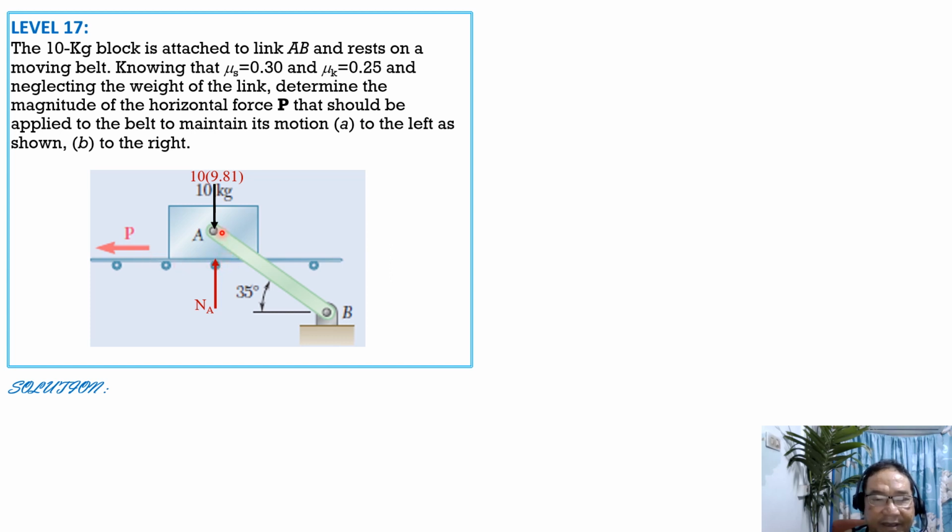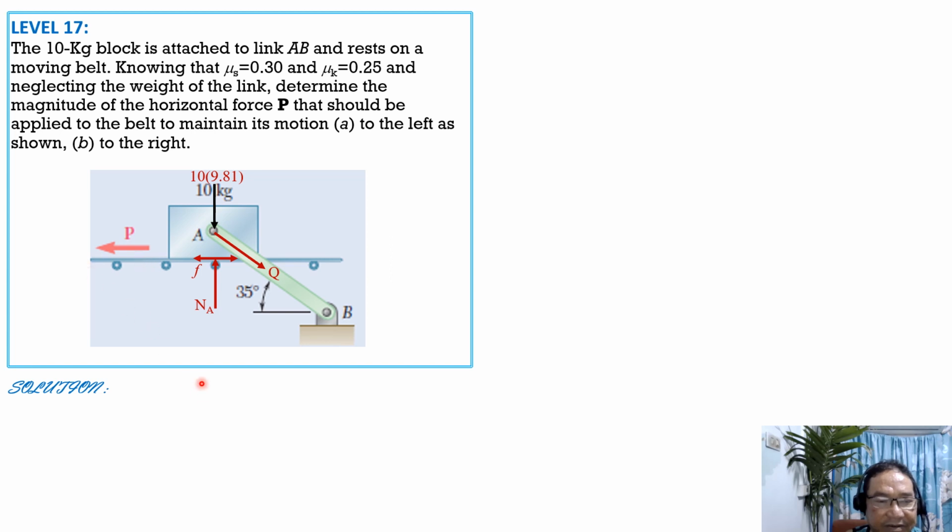Then we have the effect on the link AB, which is, let's denote it by Q, tension Q, because friction should be in this direction, underside. It's either left or right, but we expect that it should be to the left for the case where we have motion of the belt to the left.